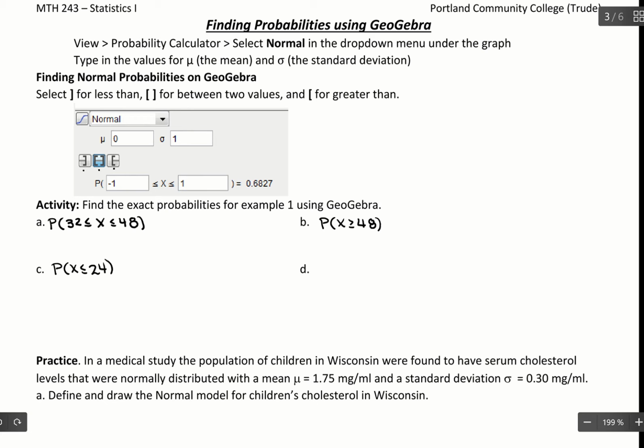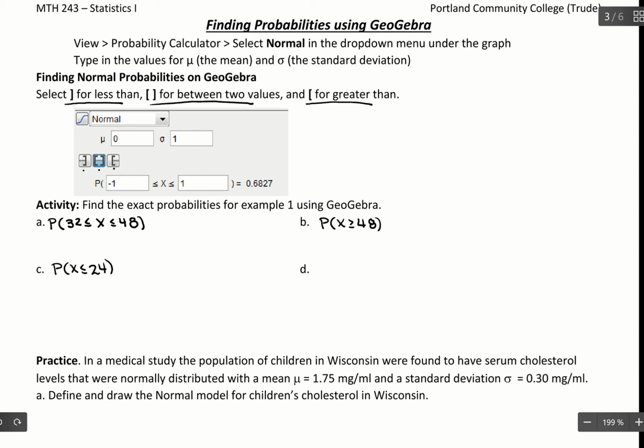So remember, this first one works with the less than symbol. The double brackets are between two values, and then we have this last one that's for greater than. So we'll need to select one of these to decide which kind of area we're shading, and then we can type in our values to find the different probabilities. So let's say we want to find this probability between 32 and 48.